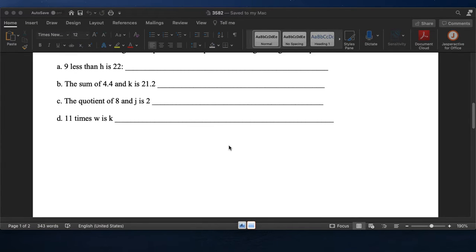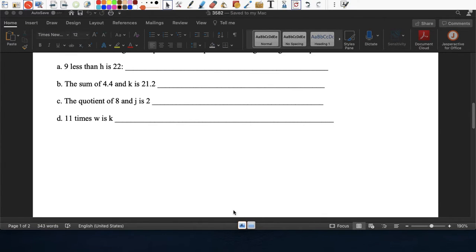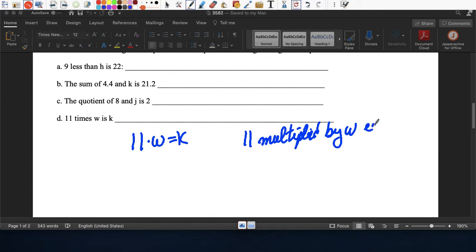Oh, there's one more. 11 times w is k. So we're going to write 11 times w equals k. How can we write this? We can say 11 multiplied by w equals k.